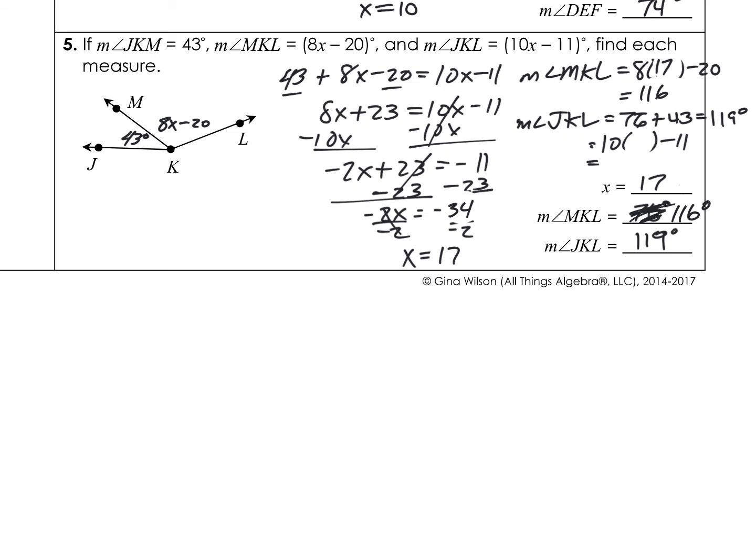And then JKL is 116 plus 43, which is 159. Okay, if you want to double check, 10 times 17 is 170 minus 11. So that's 159. Let me erase that. Sorry about the confusion, guys.